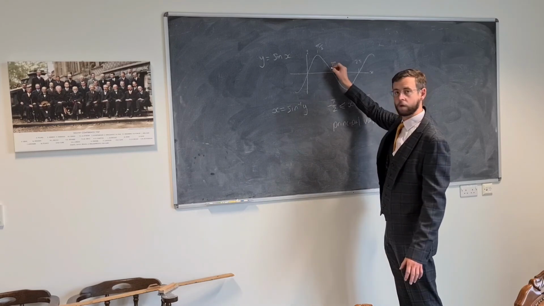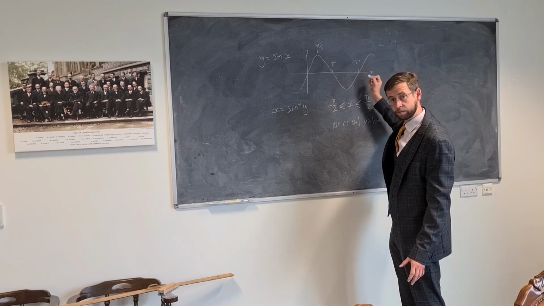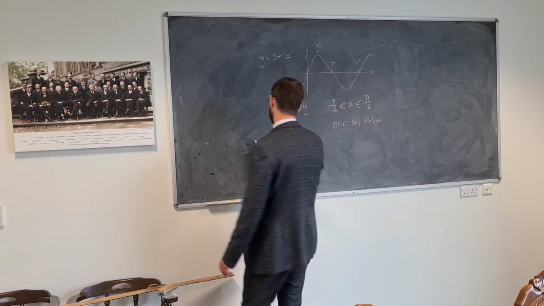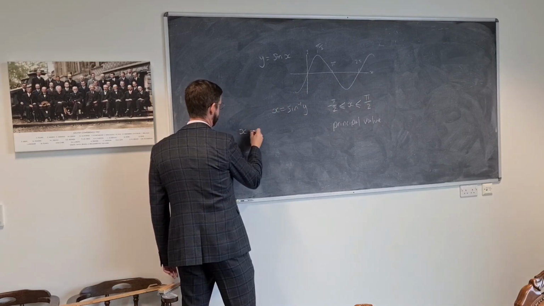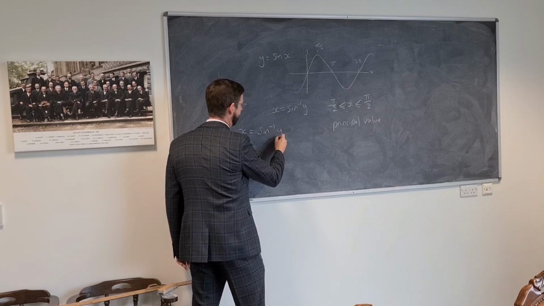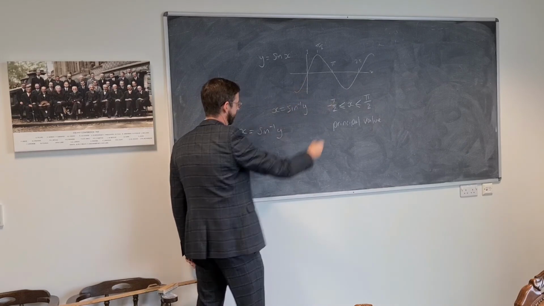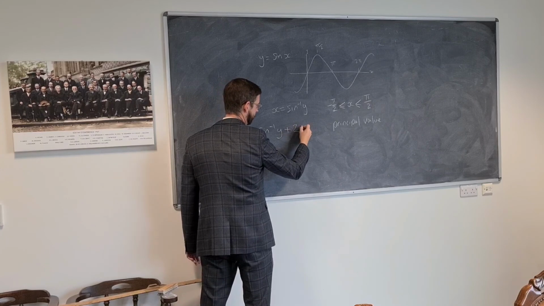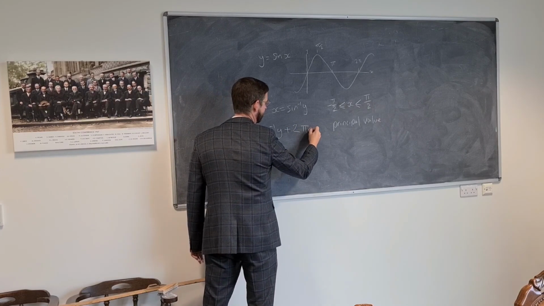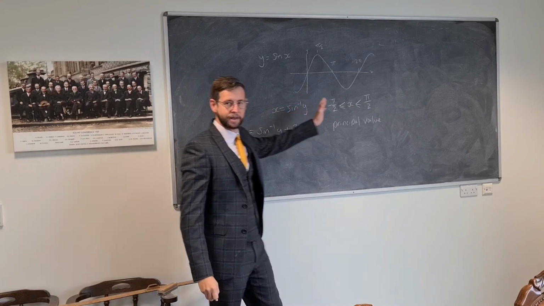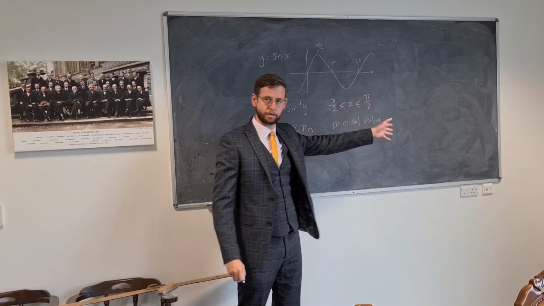Now that is the very first value, but there are more values that are actual solutions to this. There is the next one, and then the next one, and then the next one. So if we were to write this out more formally, we would have to write out that x was equal to inverse sine of y, but then we would want the next occurrence where this was true, and that would happen a whole cycle later. And we'd multiply it by n, an integer value, because it would then happen again another 2 pi later and another 2 pi later.